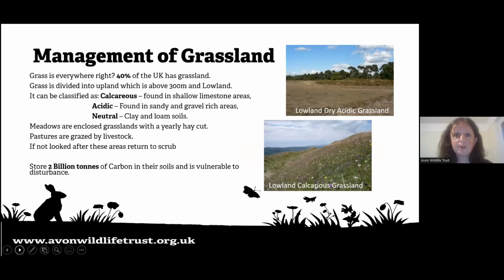So, management of grassland. There's lots of grassland, right? You'd think so, but apparently there's only 40%. Grass is divided into upland, which is above 300 meters, and lowland, and you get calcareous, limestone areas, acidic, found in sandy and gravel areas, and neutral, which is clay and loam soils.